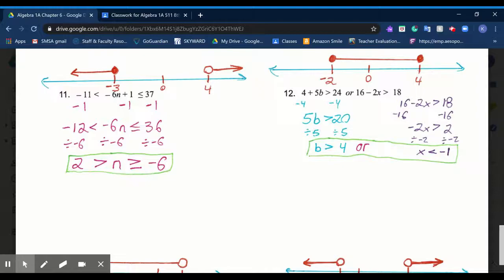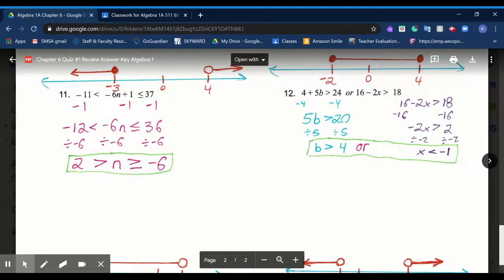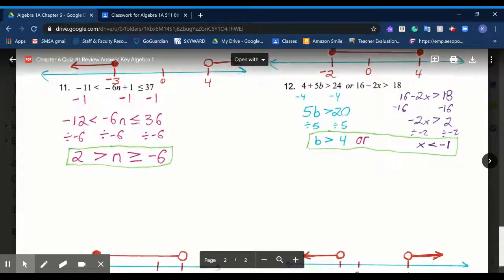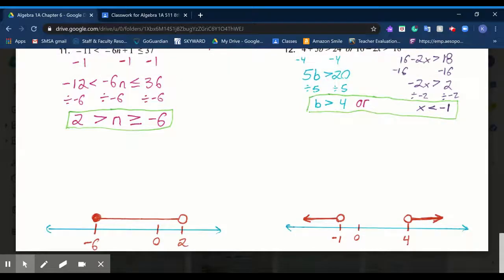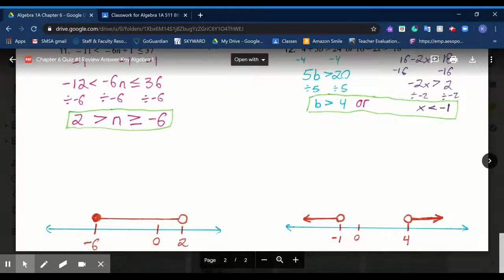And then on the right, we have to solve for x, so we have to subtract 16 from each side, divide by -2, so we have to flip our inequality sign, and x is less than -1. So for both numbers, it is open circles at 4 and -1, and then the arrow from -1 going less than, arrow from 4 going greater than.